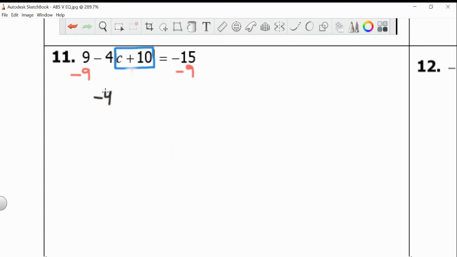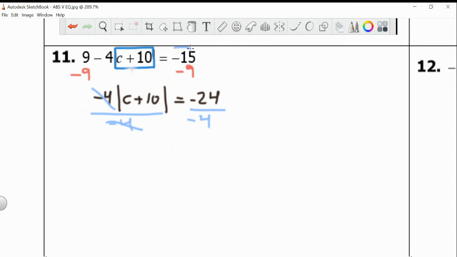So we're going to get -4 times the absolute value of c plus 10 is equal to -24. Okay? Now we've started to isolate the absolute value, but we're not isolated yet. We still need to divide by -4 in order to cancel these out.